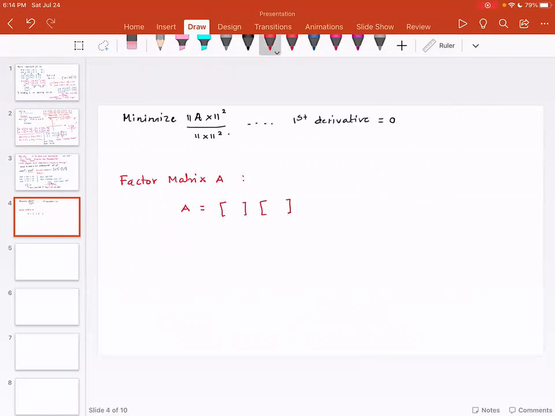So this is what is called factorization. Most commonly used factorization is to express this matrix as a matrix with some columns and some rows.